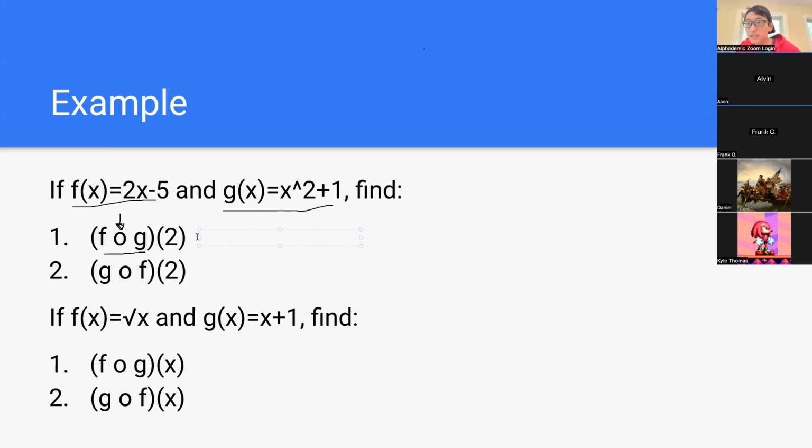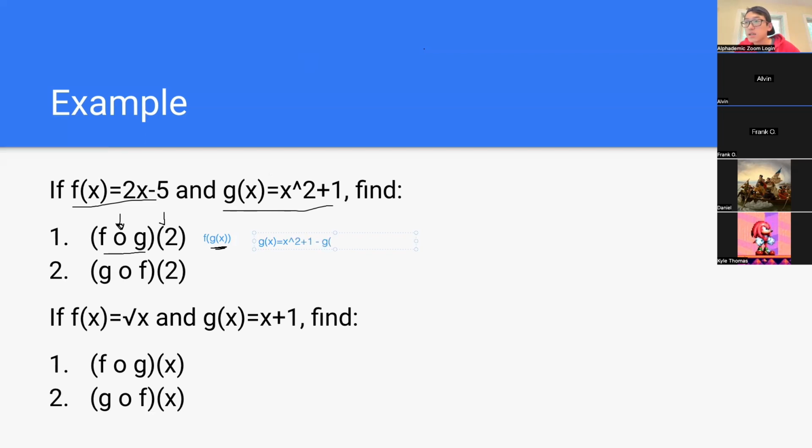So what we know from this is that f of g of x means g of x goes inside f. So what does that imply? First, we would solve what g of 2 is equal to. Here we're given that x equals 2, so we plug x equals 2 into the function g of x, where g of x is equal to x squared plus 1.